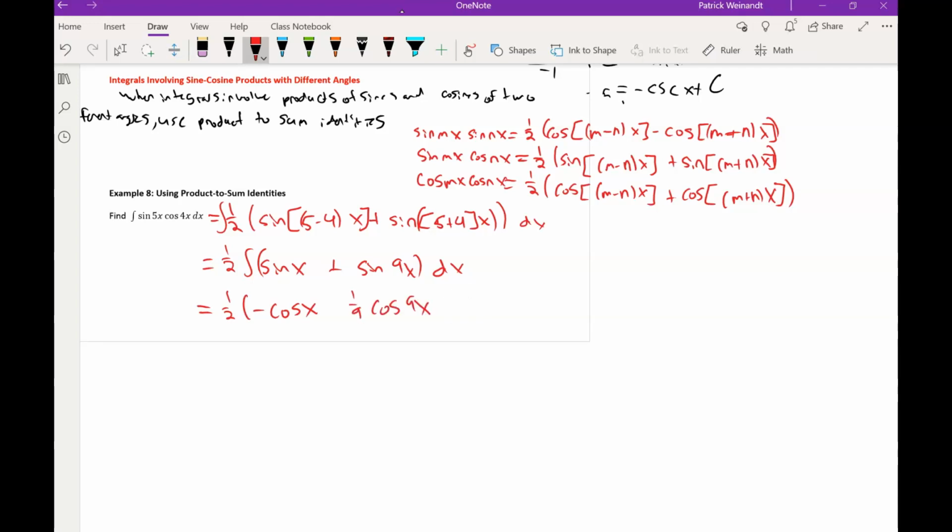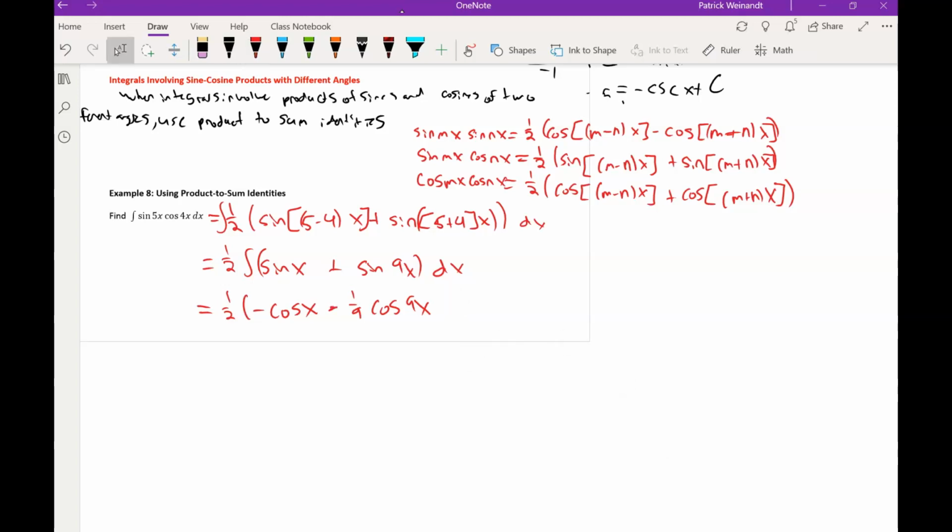We're kind of reversing that chain rule, but keep in mind, double check. If I did the derivative of 1/9 cosine of 9x, I would get the derivative of the outside with respect to the inside, negative 1/9 sine of 9x, and then times the derivative of the inside, 9, so 1/9 times 9 would reduce, but we should have a negative here.